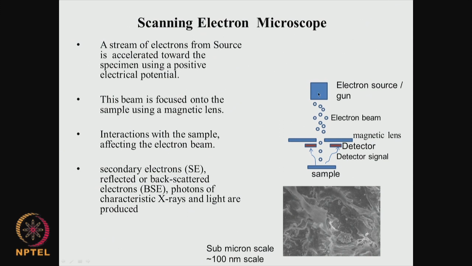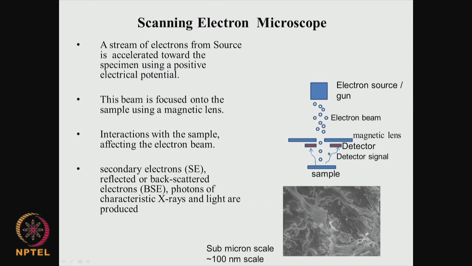So, here a stream of electrons from an electron gun or a source is accelerated. Okay. So, it is accelerated by using some voltages, and then there is a magnetic lens. So, it is focused. This is all done through a positive electric potential because the electrons are negative. So, it is focused through a magnetic lens and then hits the sample. So, secondary electrons are reflected or backscattered.